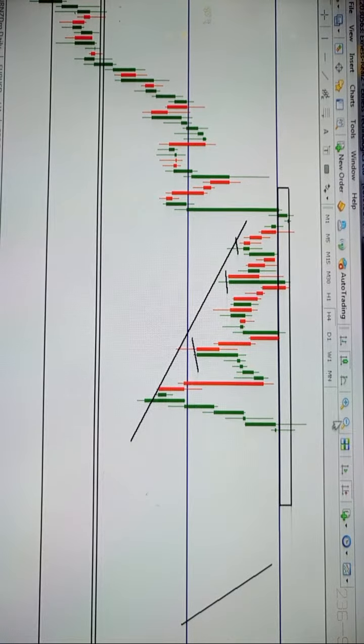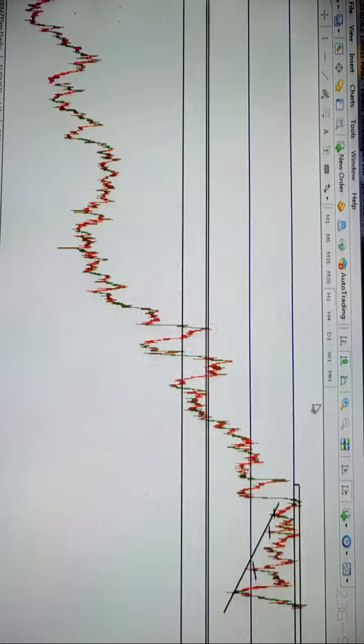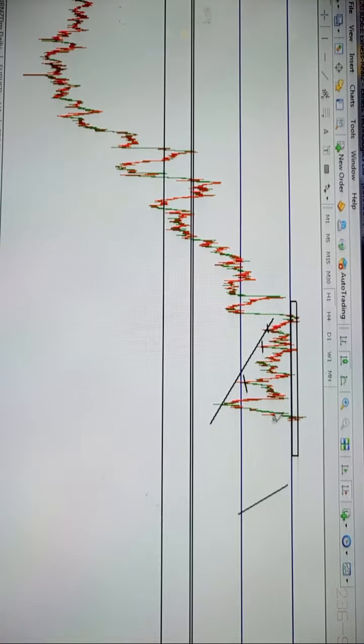Then if we come to H1, I don't know whether I can see anything in H1. See H1, it's the same thing. You can see the same thing on H1 and H4.